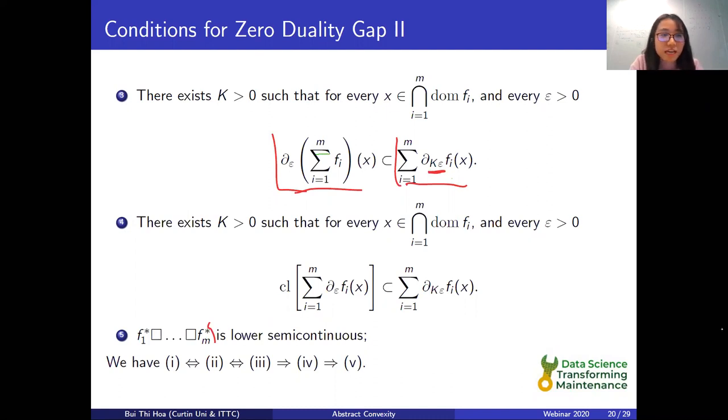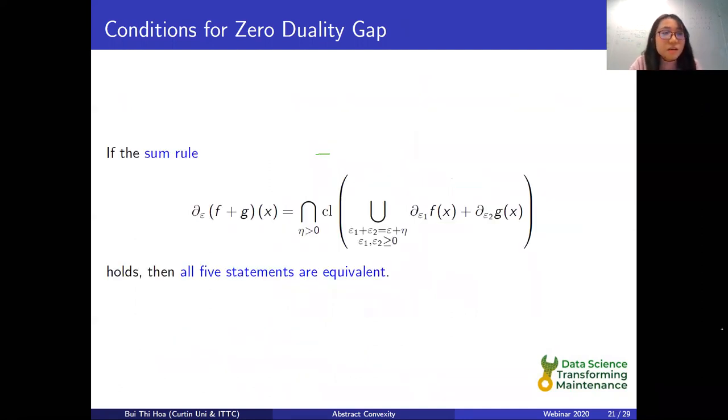In general, without any further additional assumption, the first three properties are equivalent to each other. So these three properties that don't involve topology are equivalent to each other. But for the next two, we have 3 implies 4, and 4 implies 5.